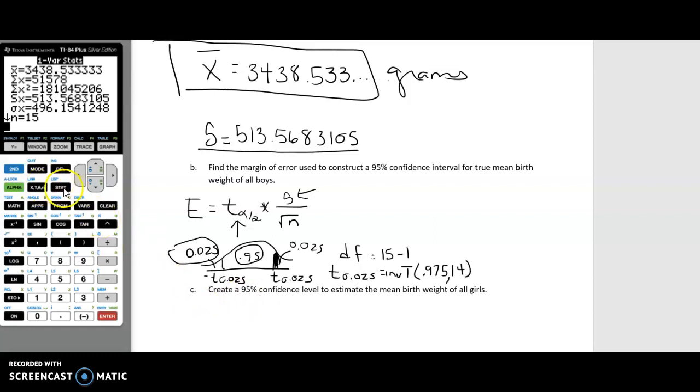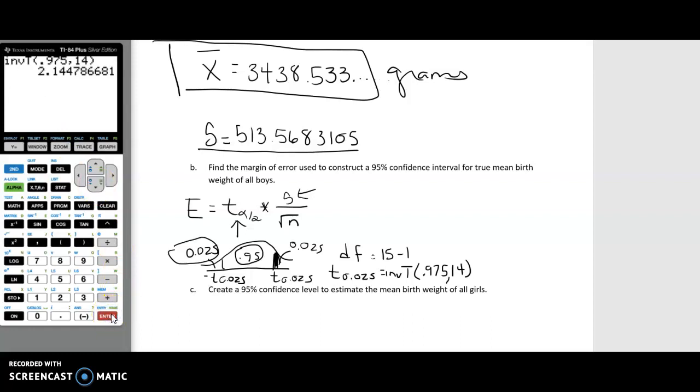So you go into your calculator, I'm going to clear it out, press second, VARS to open up the distribution menu, and go down to the fourth option, inverse t. I already have it populated in there.